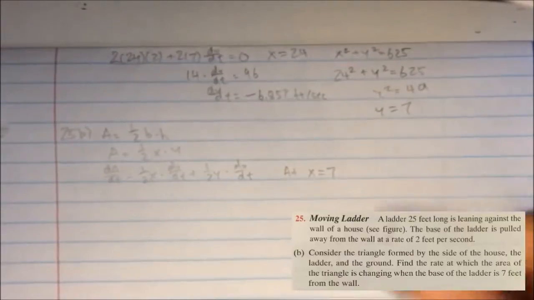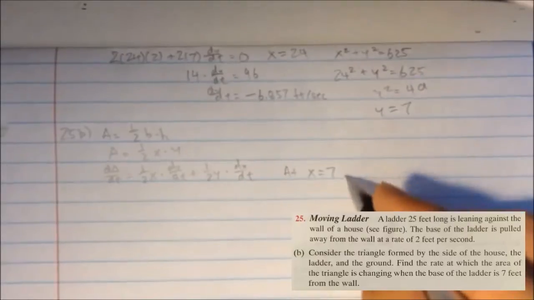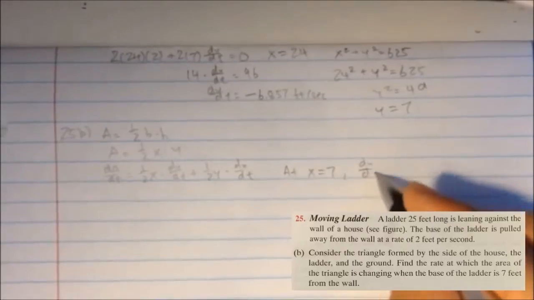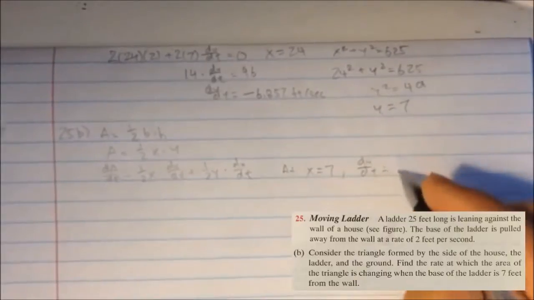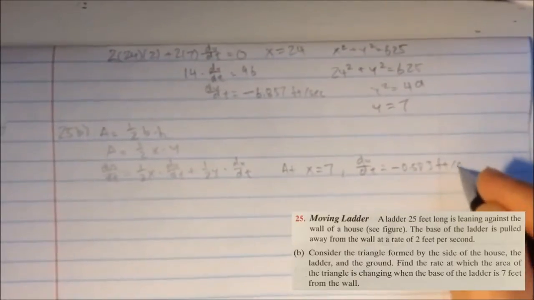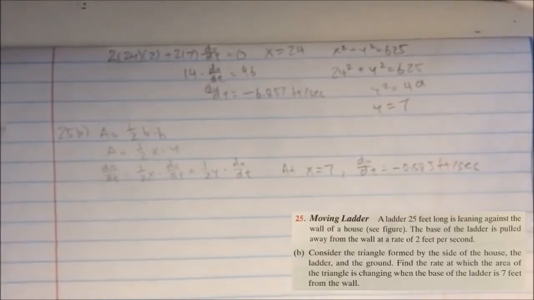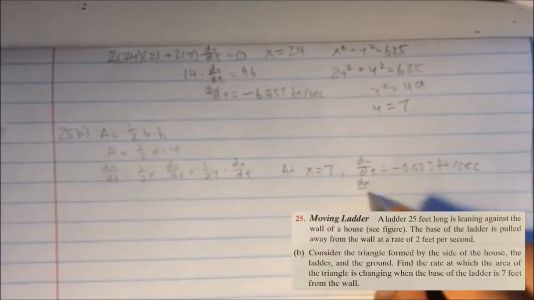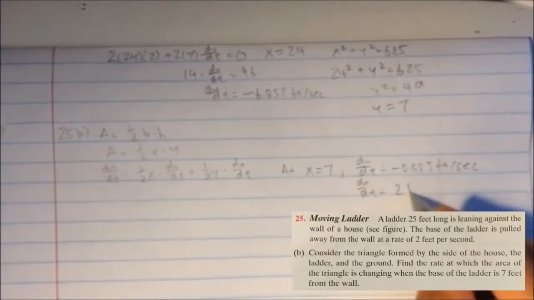So from 25A, we already calculated the rate of y when the base length is 7. The rate of y is negative 0.583 feet per second. And we know the derivative of x, which is a constant, dx over dt, is 2 feet per second.